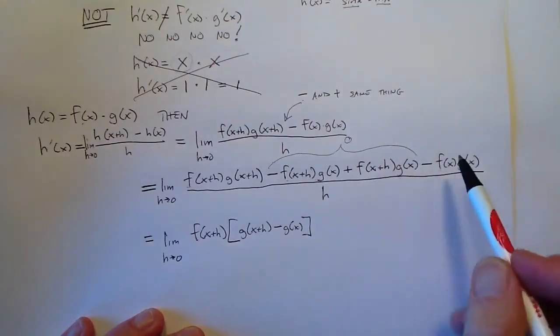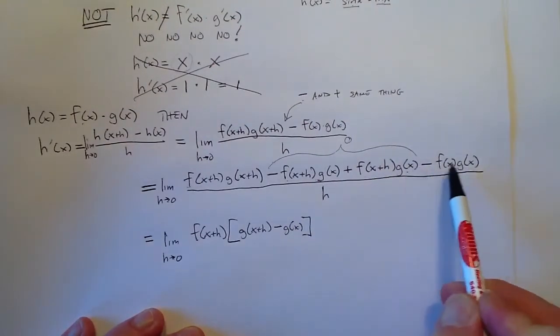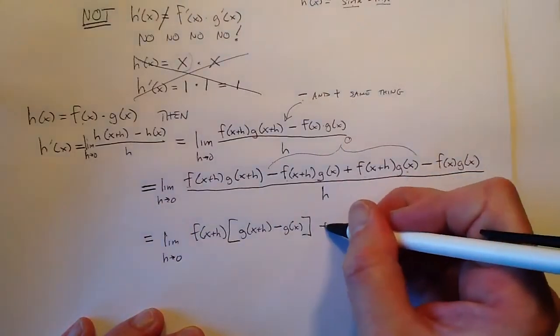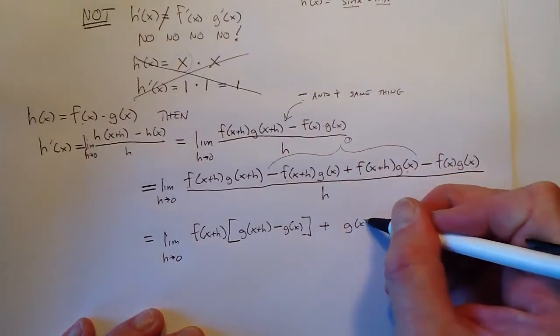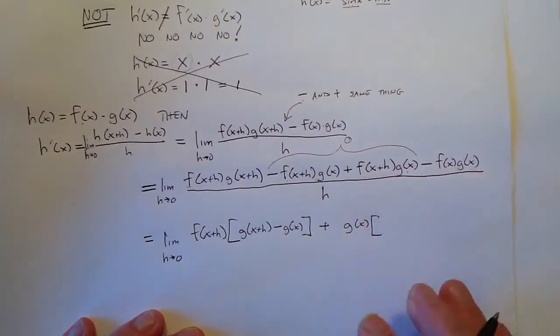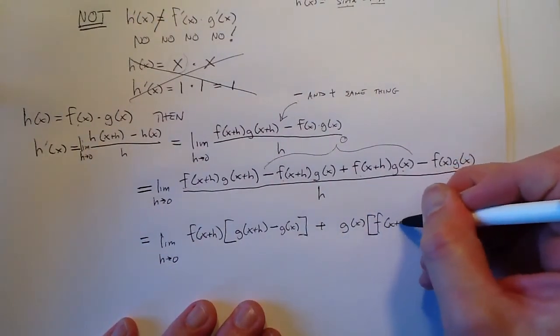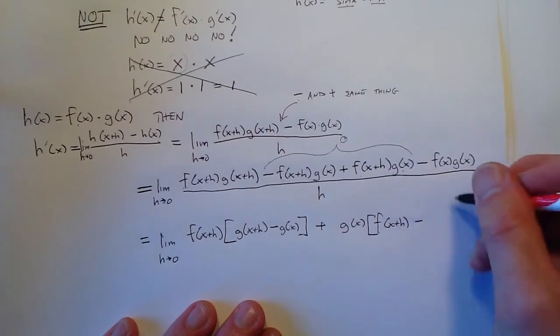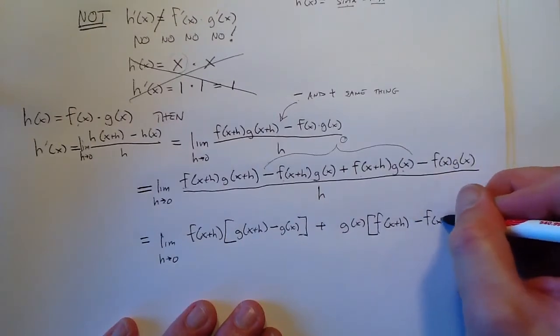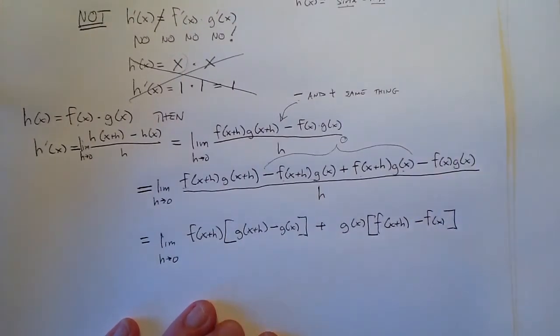And then if I look at the second two terms, they have a g of x in common. So I'm going to factor that out, and that leaves behind f of x plus h minus f of x. Okay, I'm just doing algebra here.